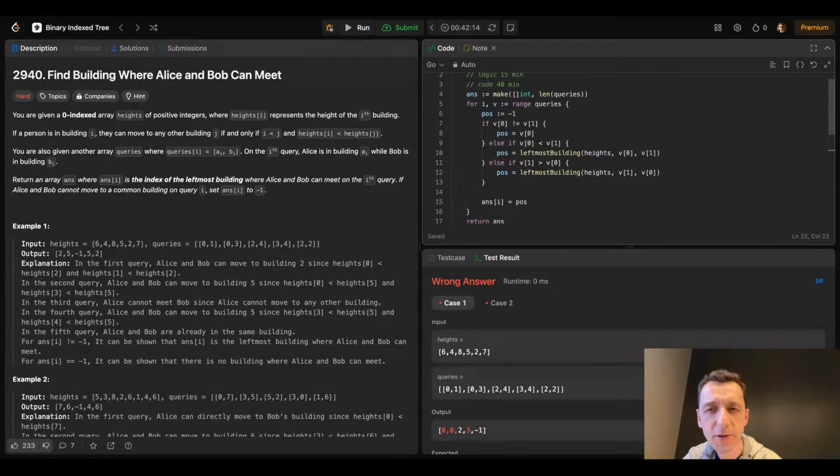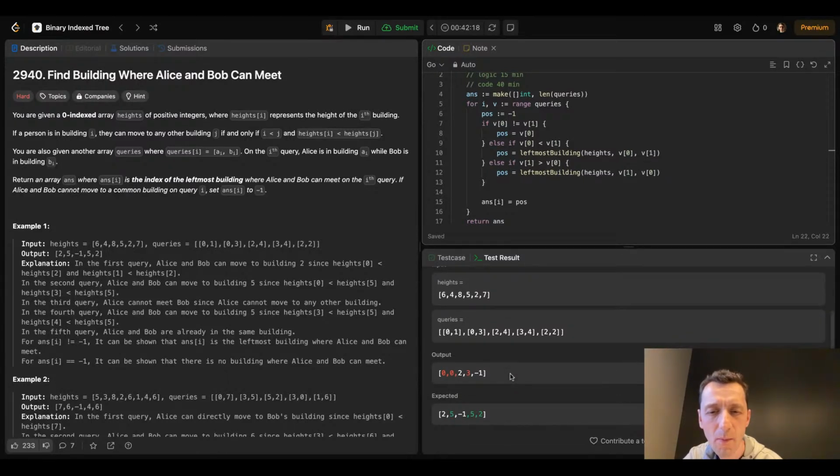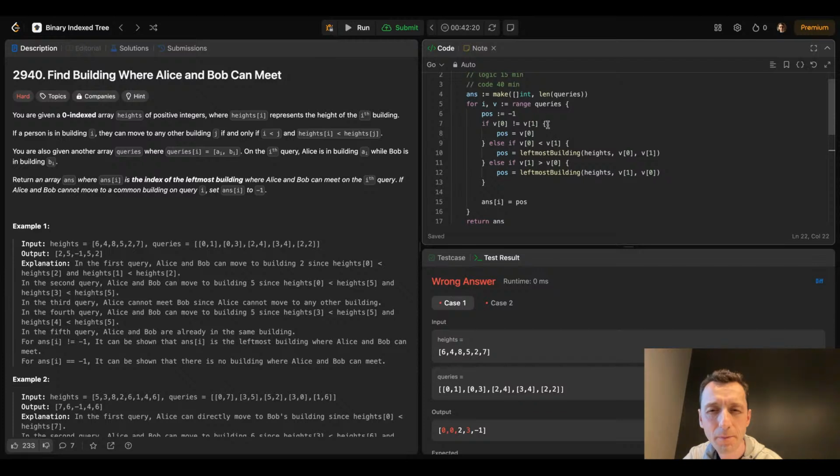So position is initialized as -1. Yeah, if they're equal, if they're in the same house already, we assign that position, and we move to the next query.